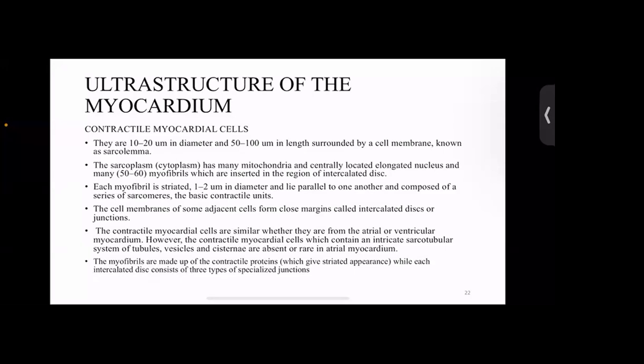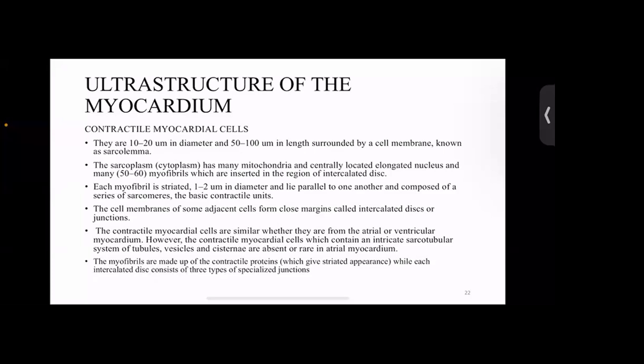Each of these myofibrils is about 1 to 2 micrometers in diameter and lie parallel to one another, and they are composed of a series of sarcomeres, which are the basic contractile units of the myocardium.